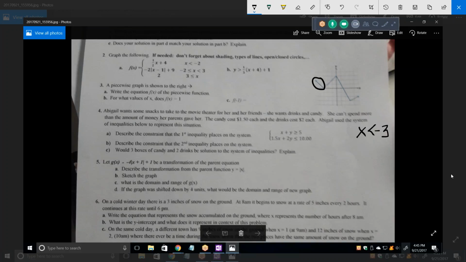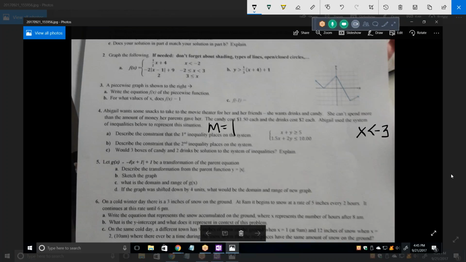Well, what's its slope? It actually looks like 1. In other words, I go up 2 and right 2. Clearly negative, so the slope is -1. So on this first equation we're going to write, we have a slope of -1. Now, there's a couple ways you can do this.